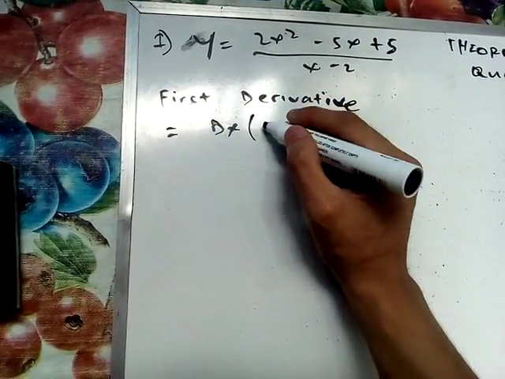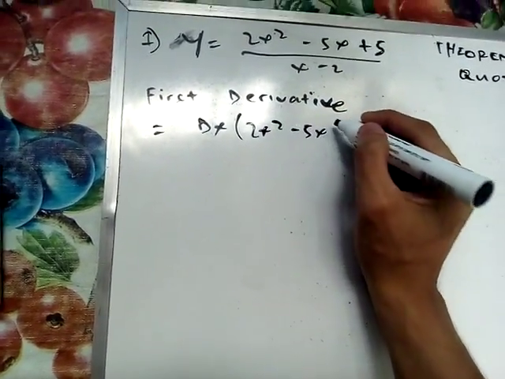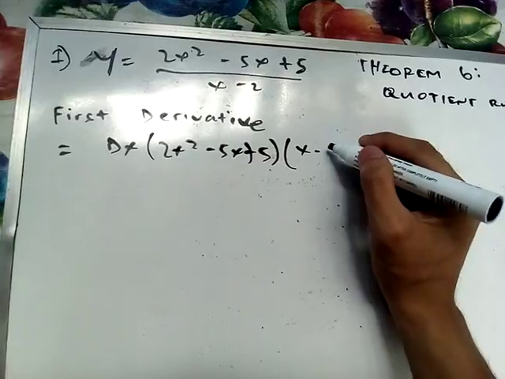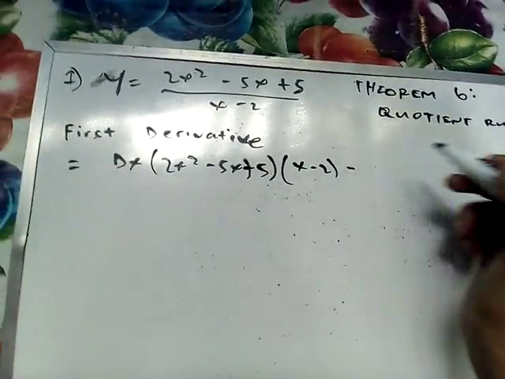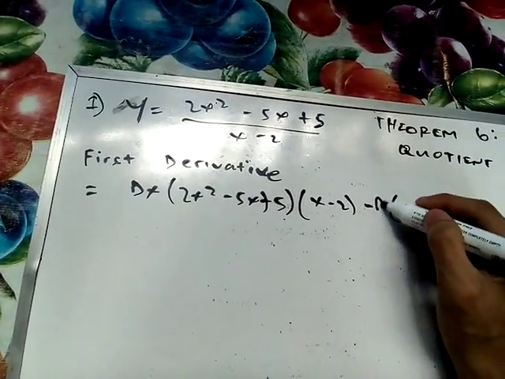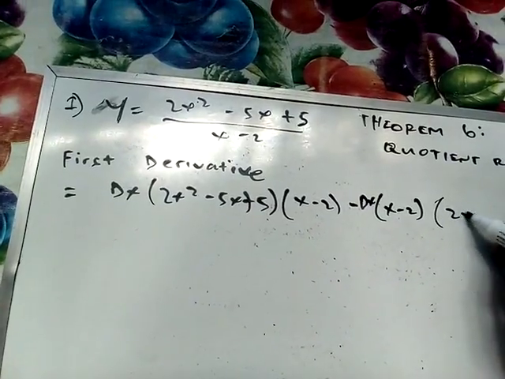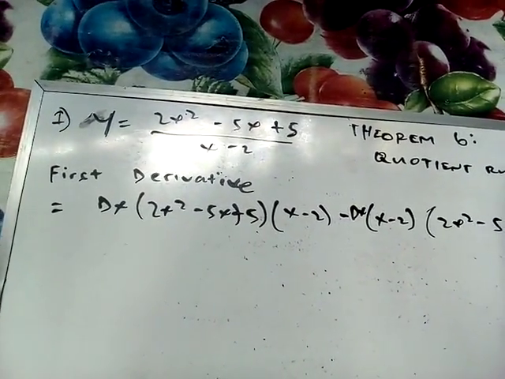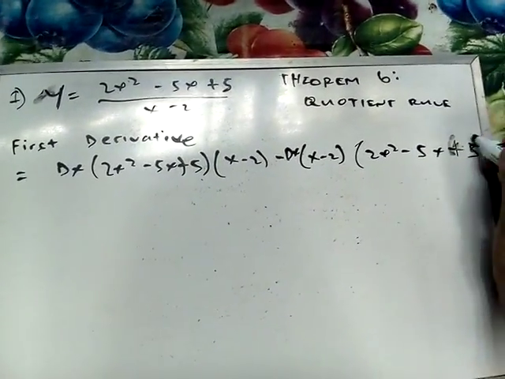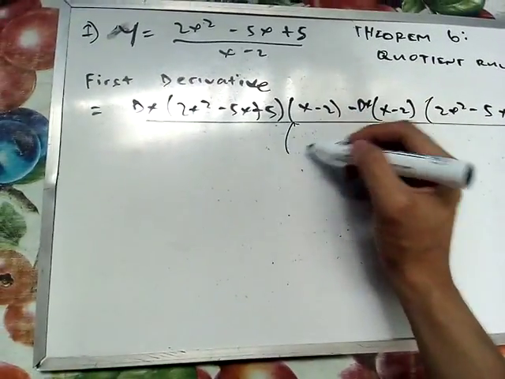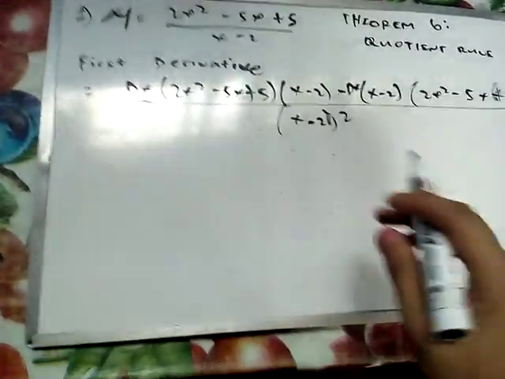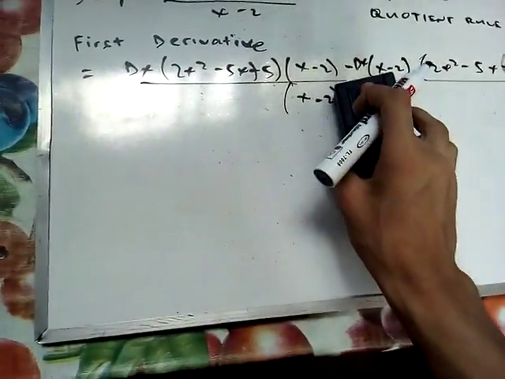So the derivative of this equation times g of x, which is x minus 2, minus the derivative of x minus 2 times 2x squared minus 5x plus 5, all over x minus 2 squared.